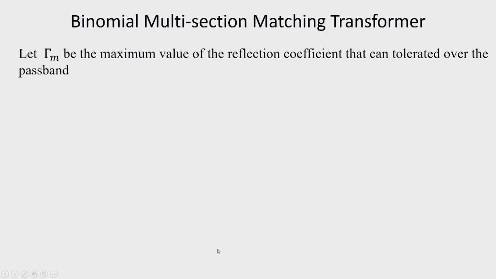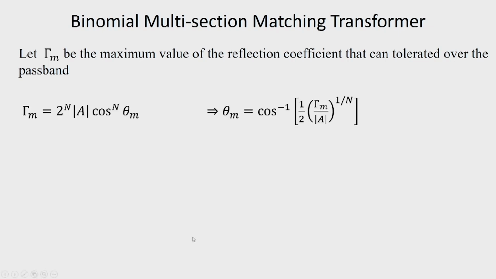We can also have an estimate of the bandwidth that we can have for this type of multi-section quarter wave matching transformer. Let gamma m be the maximum value of the reflection coefficient that we can tolerate over the pass band.